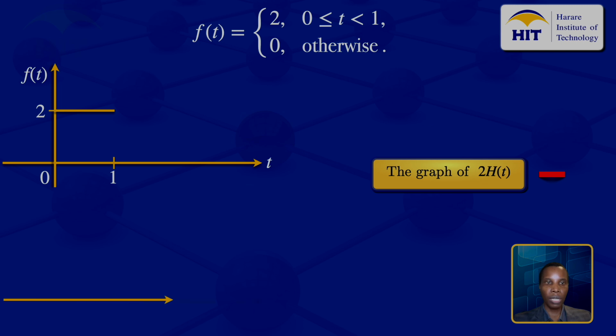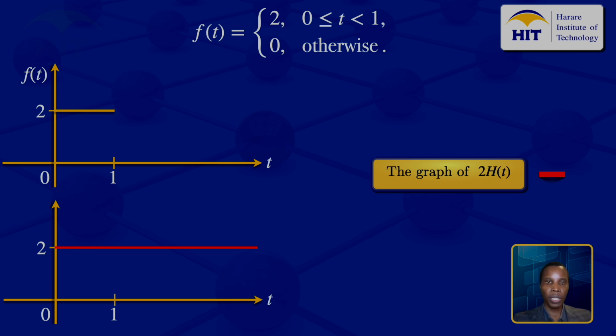So I'll plot my horizontal axis, then put the t, then put the 1 there, then a 0, and then plot the vertical one, then label the 2 there. And for the h of t, we are saying it will be equal to 2 whenever t is greater than or equal to 0.